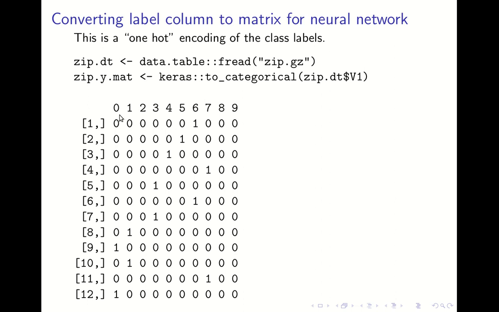So here, from 0 to 9 again. The idea is that for any given image, so remember the first one was labeled 6, we're going to have all zeros except for a 1 in the 6th position, right?